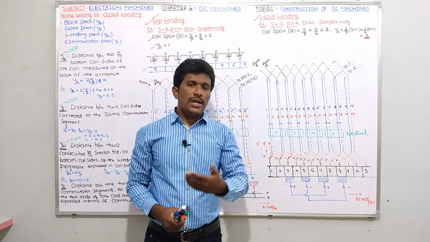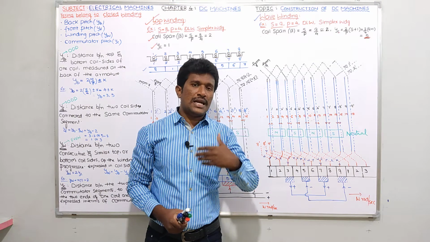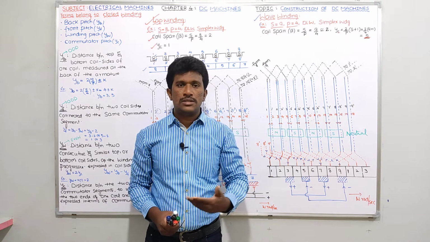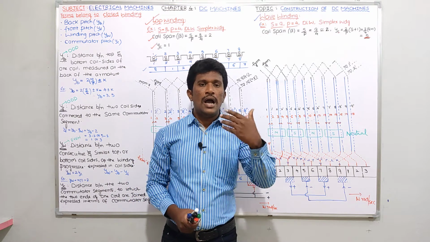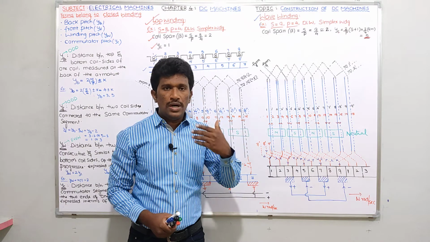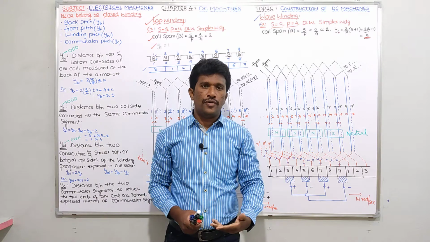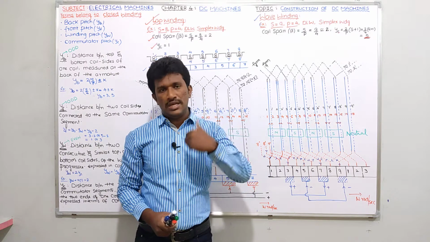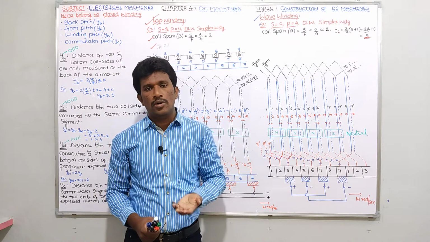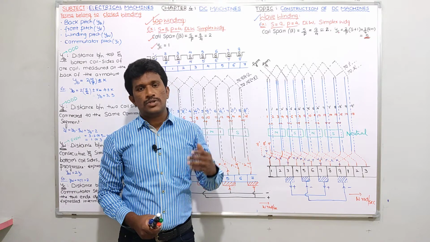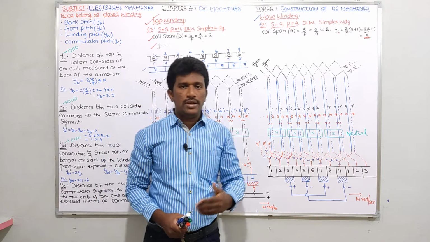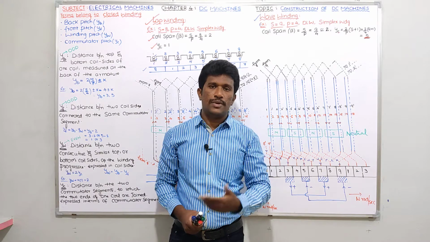In lap winding, the number of parallel paths is more, and since current is directly proportional to the number of parallel paths, lap winding is used for high current, low voltage applications.